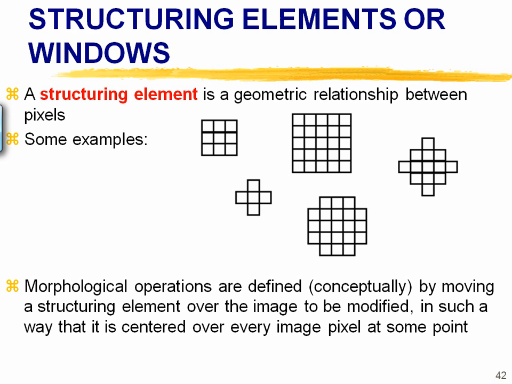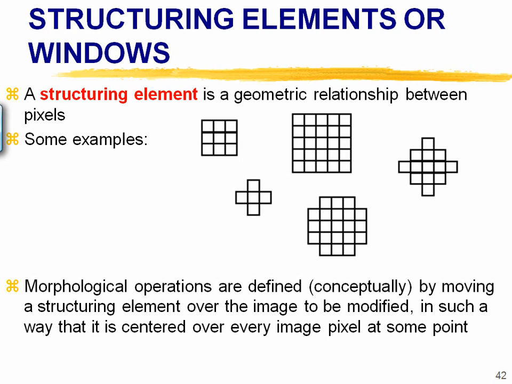So first we have to think of creating geometric relationships to the number of pixels that we are interested in processing. We've looked at global operations. All morphological operations fall under the notion of local operations. Which means in order to define something local, we need to define the number of pixels on which we would perform an operation.